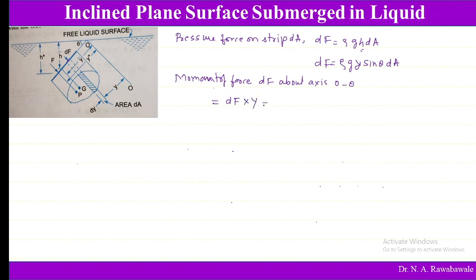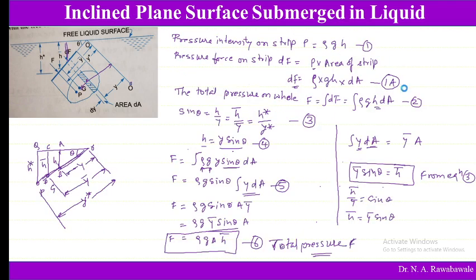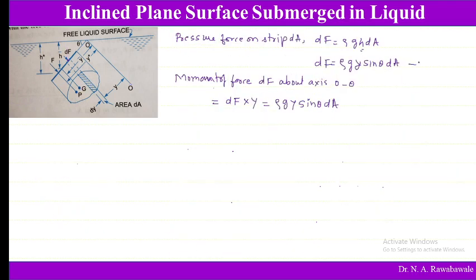So here dF can be taken as rho g y sine theta dA. So we call this equation number 7. So dF we have taken, and y we can write as y itself.